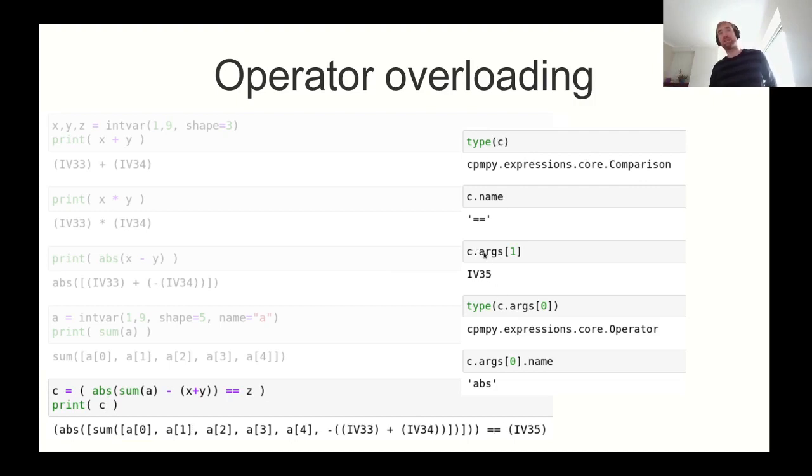All right, and the right-hand side of that is this decision variable, and the left-hand side, so x minus y, that's another expression, namely an operator, the absolute value operator. So although you write standard Python on top of the decision variables, it automatically creates a CPMpy expression tree.